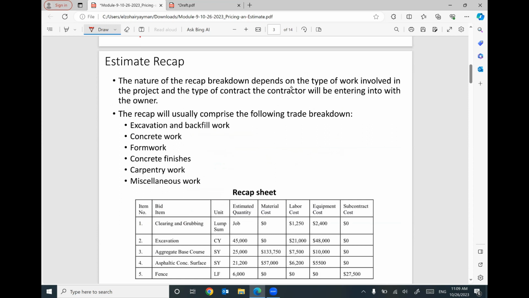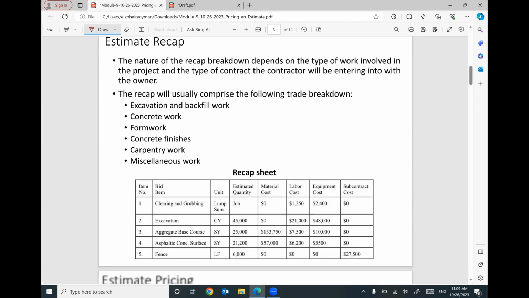Keep in your mind, the estimate recap means the nature of the recap breakdown depends on the type of work involved in the project and the type of contract the contractor will be entering into with the owner. The recap will usually comprise the following trade breakdown.